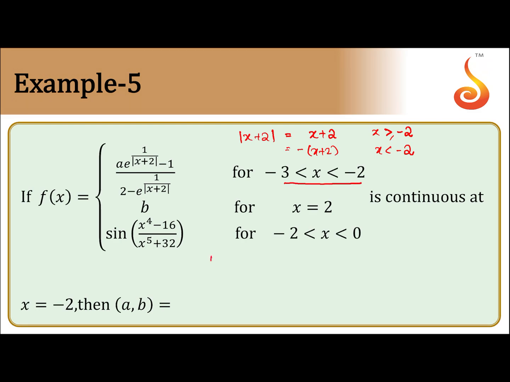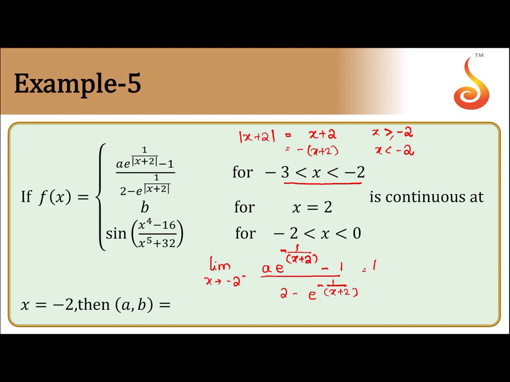So what happens? Left hand limit, x tending to minus 2 minus. We write a e to the power minus 1 by x plus 2, minus 1, divided by 2 minus e to the power minus 1 by x plus 2. So, a very important point.